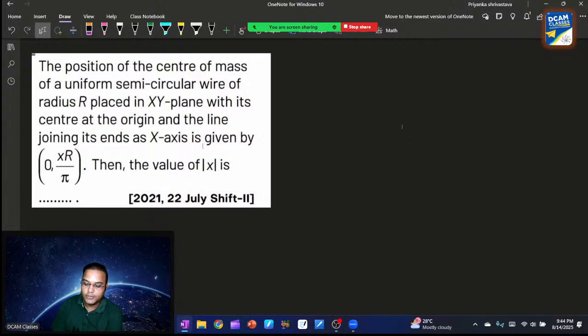But after this, I'll tell you one very interesting method to find out the center of mass of a cavity. This one is okay, na? This is just a result. The position of the center of mass of a uniform semicircular wire of radius r is given by this formula: 0, x r by pi.